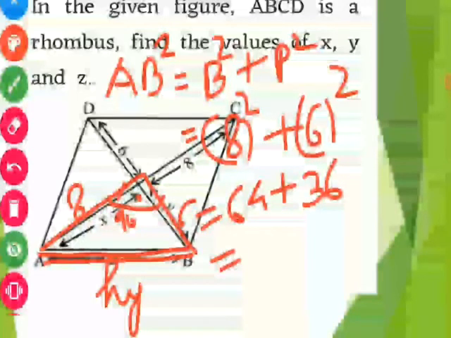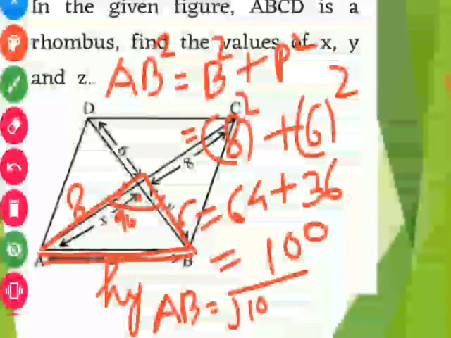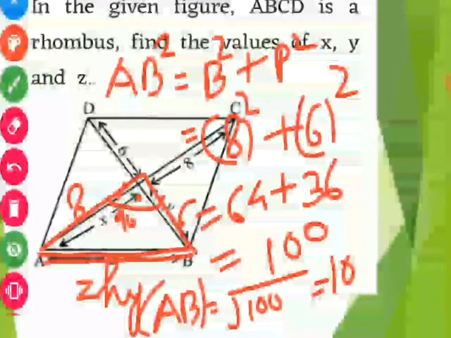The sum of both will be equal to 100 and therefore AB will be equal to square root of 100, which is equal to 10. So this way we have calculated the side AB. We have calculated x, y and z here. This side was z. So we have calculated the side z, which is equal to AB here. That is equal to 10.